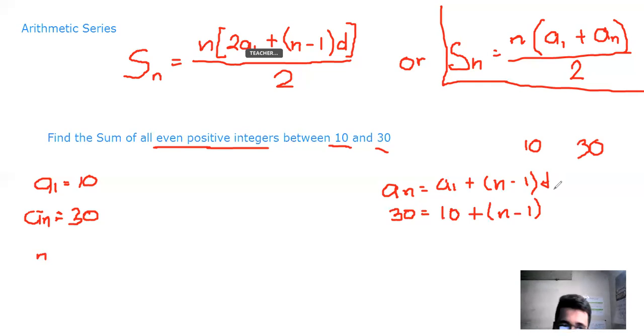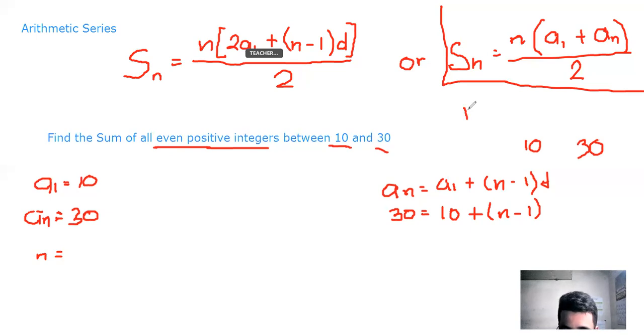Pwede din palang itong gamitin natin yung unang formula. Kahit naman anong formula gamitin natin, isa lang din naman ang lalabas na sagot. So, ano yung ating common difference here? Even positive integers. Kunyari, diba ang first term natin is 10.